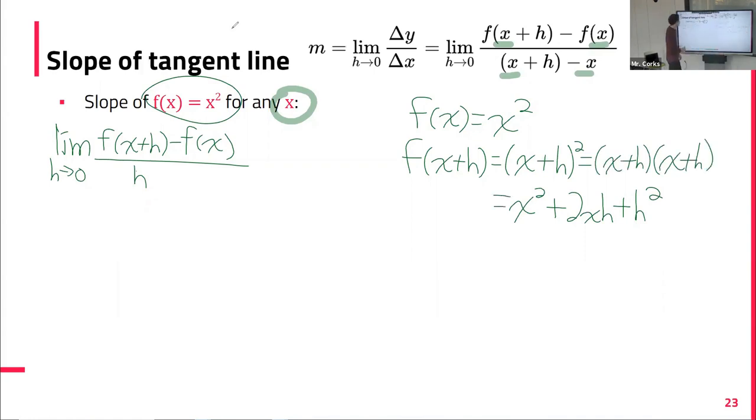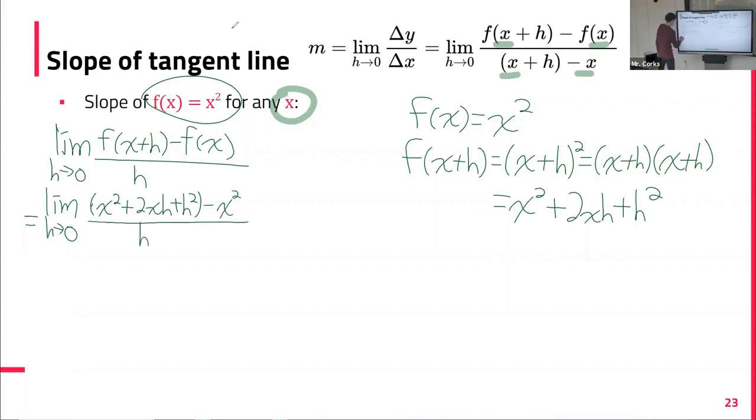Expanding. Okay. All right. So let's take those things and put them into what we have here. Limit h approaches 0 of x squared plus 2xh plus h squared minus x squared, all of that over h.